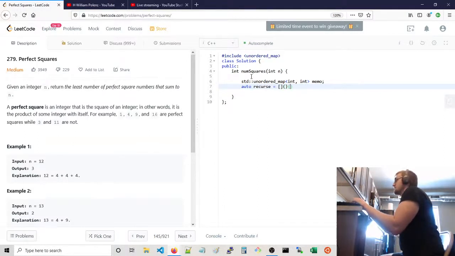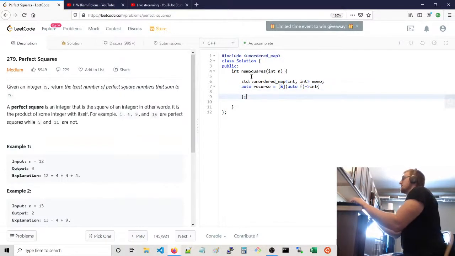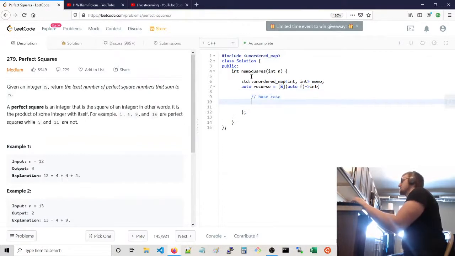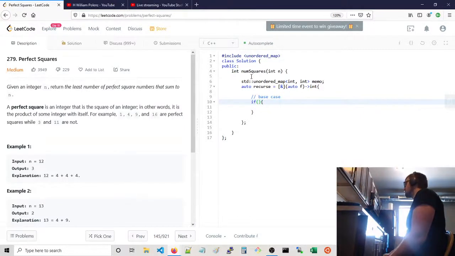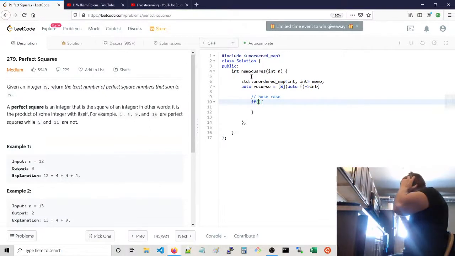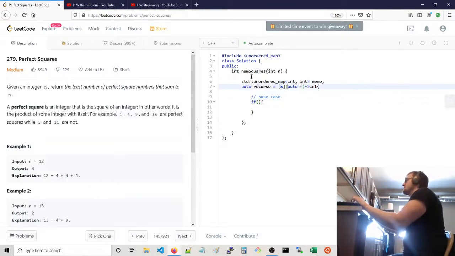So we'll use recursion. Returns an integer. Have access to everything. Use f to recurse on itself. I have a base case. If n equals 0, use x.